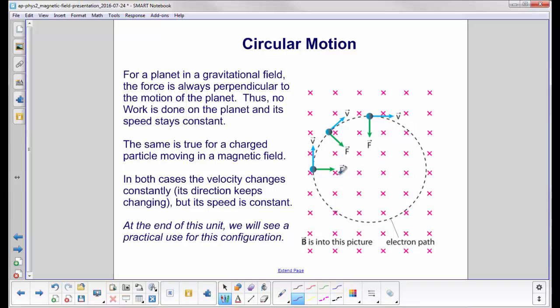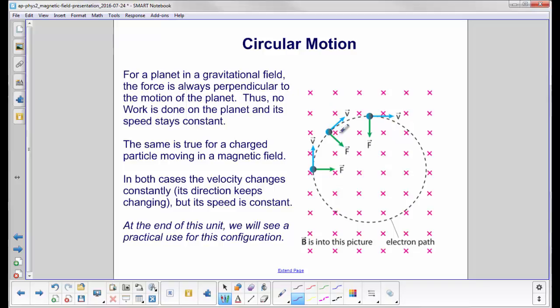A difference is, for a planet, the force is in the same direction as the field. For magnetic motion here, we've got the force perpendicular to the field. See how the force here is into the picture, where if this were the Earth going around the sun, the field would be directed from the Earth to the sun. So that's kind of cool.